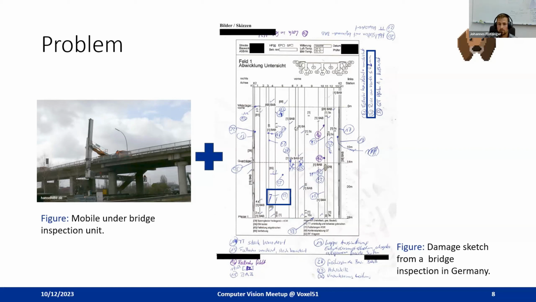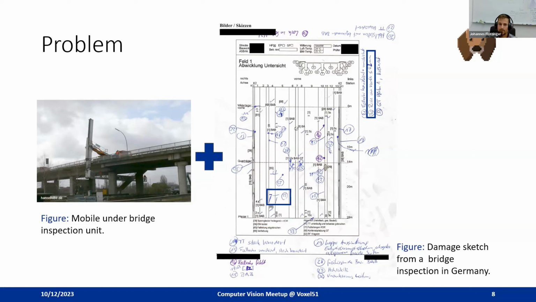The correct image must be found for the corresponding defect, which is also an issue because they might get mixed up. The damage size is usually measured with a pocket rule, thus it's imprecise, and the damage localization is often estimated or determined by measuring the distance to the next bridge pillar, which is also inaccurate or even impossible on bridges with a big span.